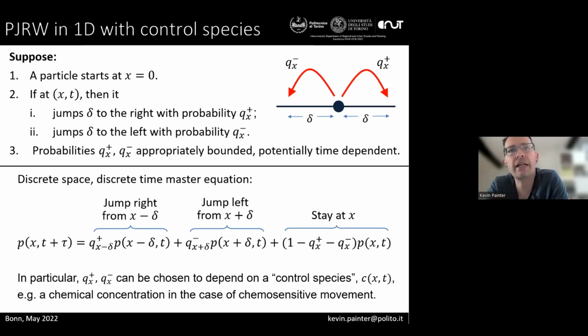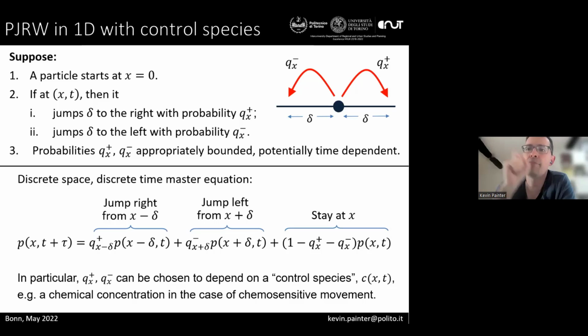And in particular, for what we want to do, we're going to assume that these q plus x and q minus x depend on some external control species, call it c of x,t. In the context of chemosensitive movement, this could be a chemical concentration if we're trying to describe something like chemotaxis or chemokinesis.